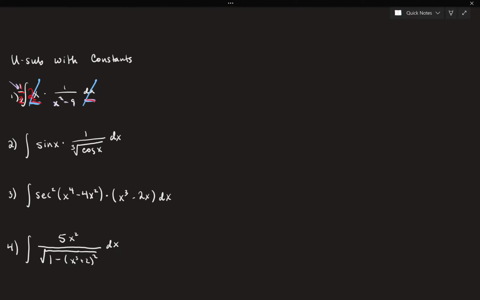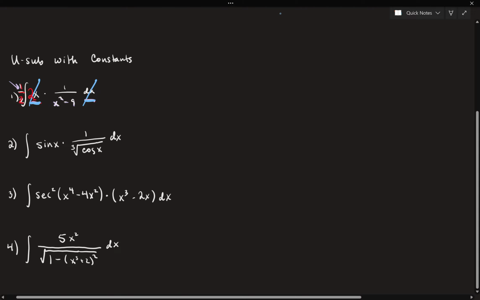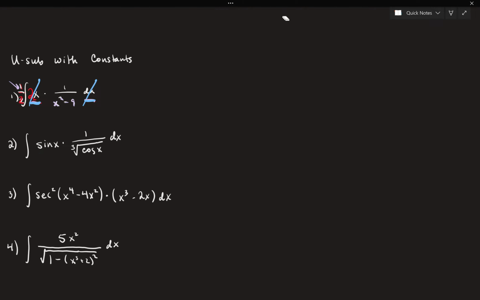Let's do the second one. I see sine and cosine are my derivatives, but I have to pick which is which. My derivative has to be the one on the outside, multiplied. So this is going to be the derivative, which means cosine has to be my u.